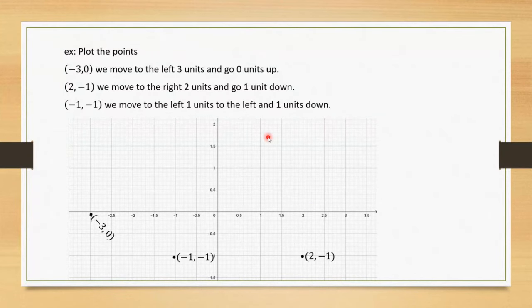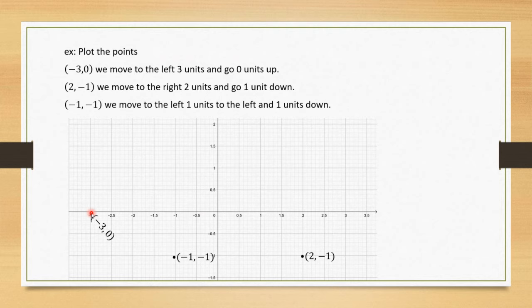So if we were to plot, again, (-3, 0): you start at the origin. You always start at the origin. You locate -3 on the x-axis, which is the same as moving to the left 3 units. Since the y-coordinate is 0, you're not going to move up or down at all.